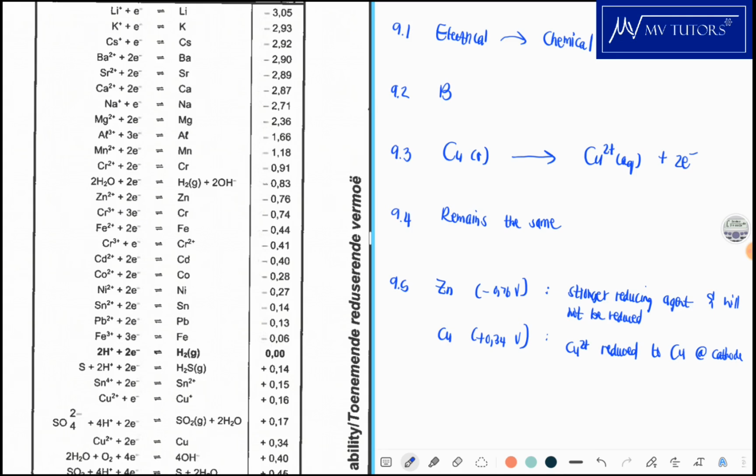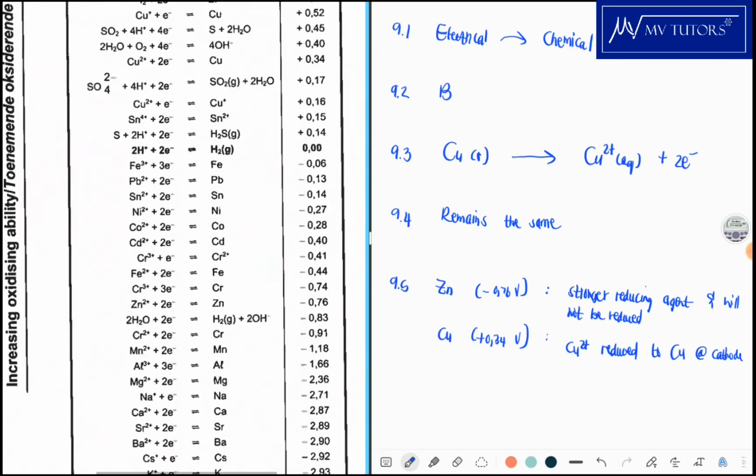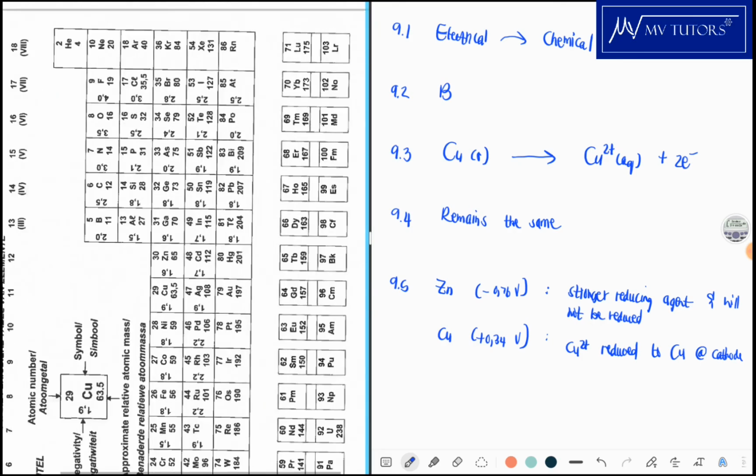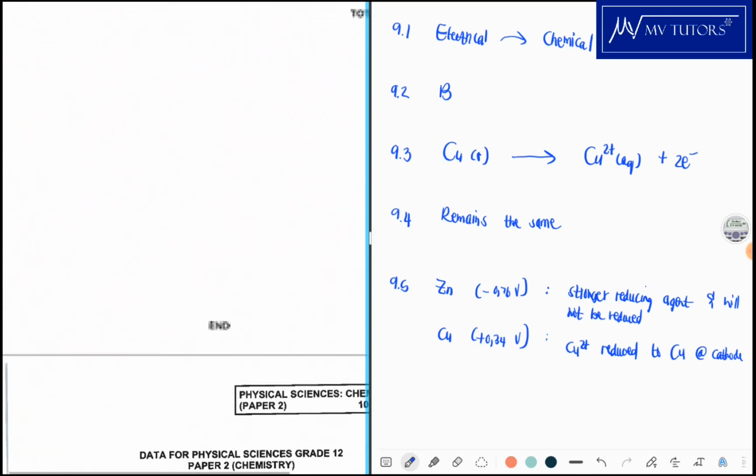Basically copper 2 plus is a strong oxidizing agent, meaning it is more likely to be reduced, whereas zinc is a weaker oxidizing agent and will not be reduced to deposit on the cathode. Rather, zinc will be oxidized to get zinc 2 plus ions, whereas copper 2 plus will be reduced to get copper metal at the cathode. All right, so that was 9.5.